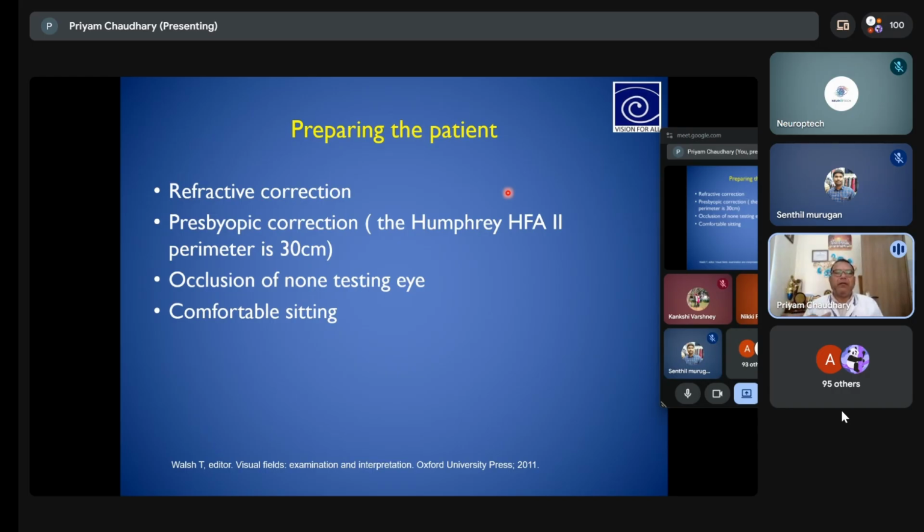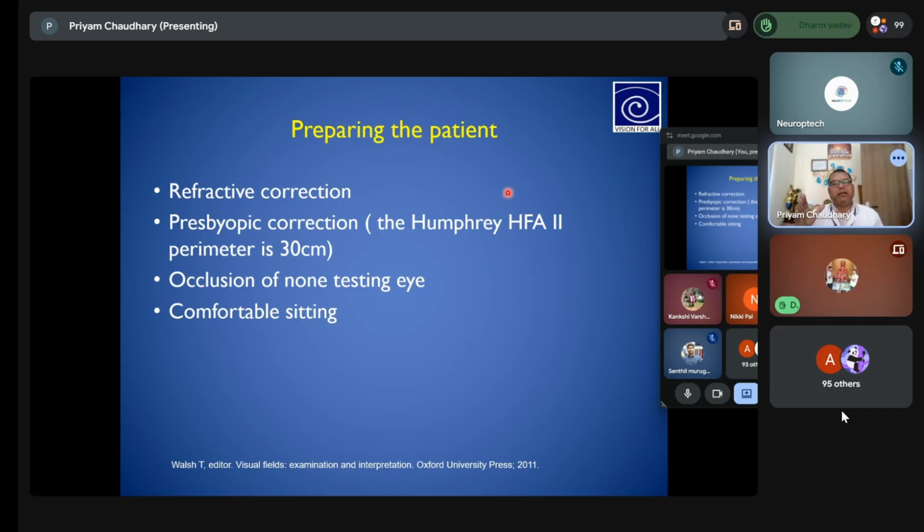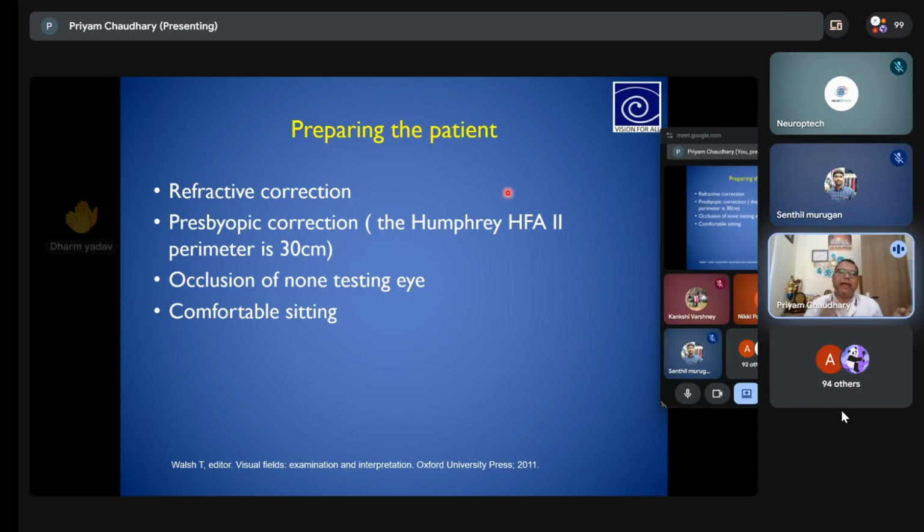Some people do it with dilated pupils and some with undilated pupils. Occlusion of the non-testing eye: this is a monocular test, not uniocular. If you are doing the right eye, you patch the left eye, and if you are doing the left eye, you patch the right eye.